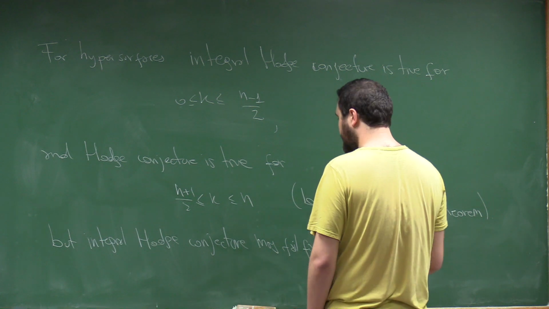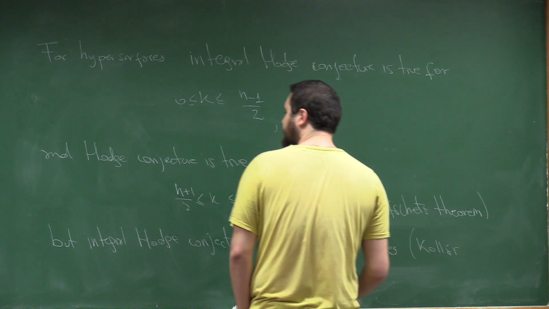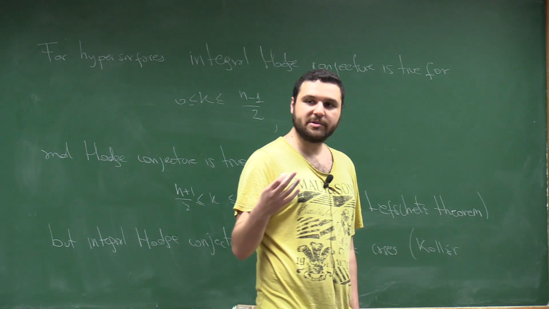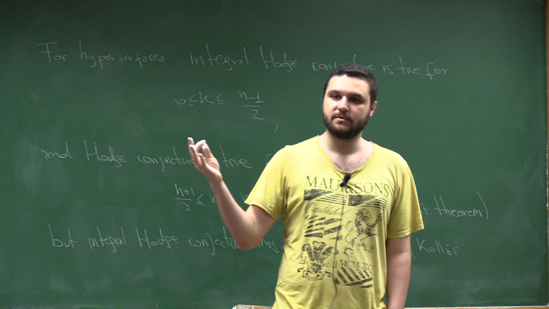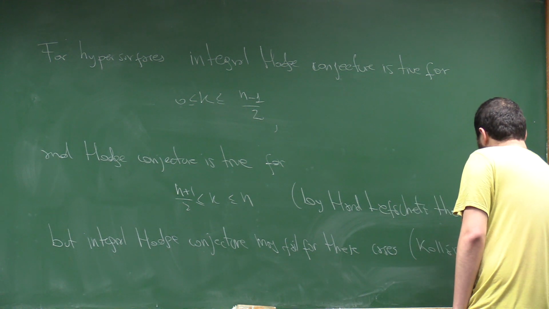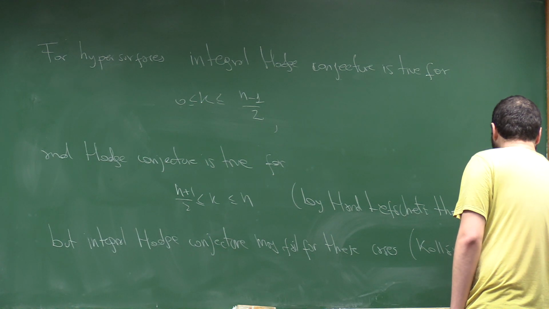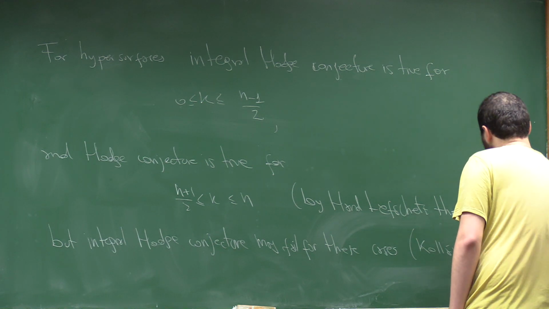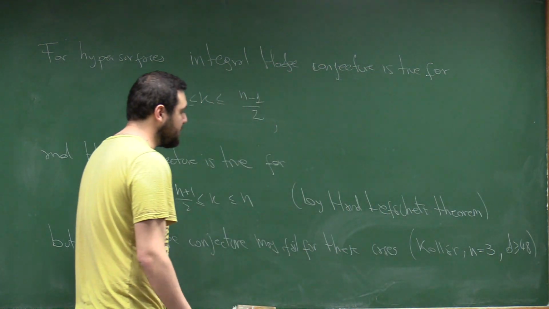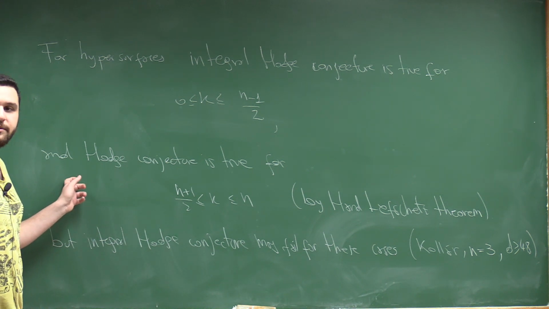I mean, Kollár proved that the integral Hodge conjecture fails for threefolds that are hypersurfaces in P^4, right? So he proved it for n equal to 3, and he showed that the degree must be very high, right? And he proved that there are some threefolds inside P^4 that do not satisfy the integral Hodge conjecture.